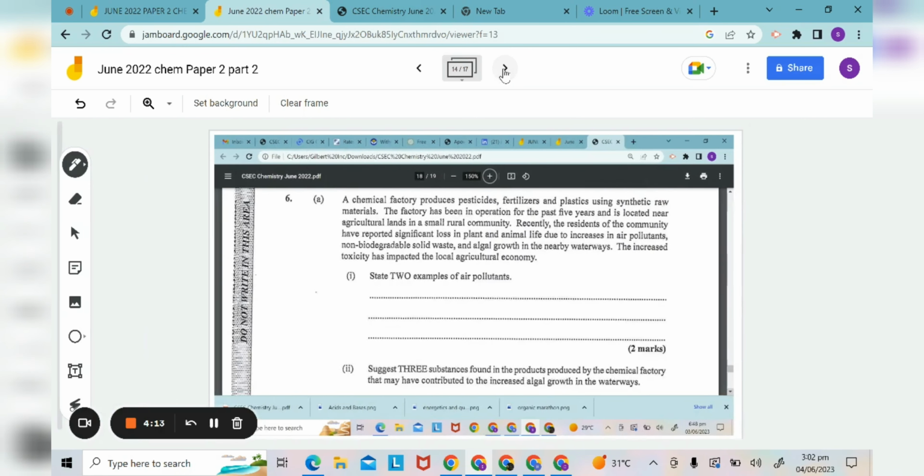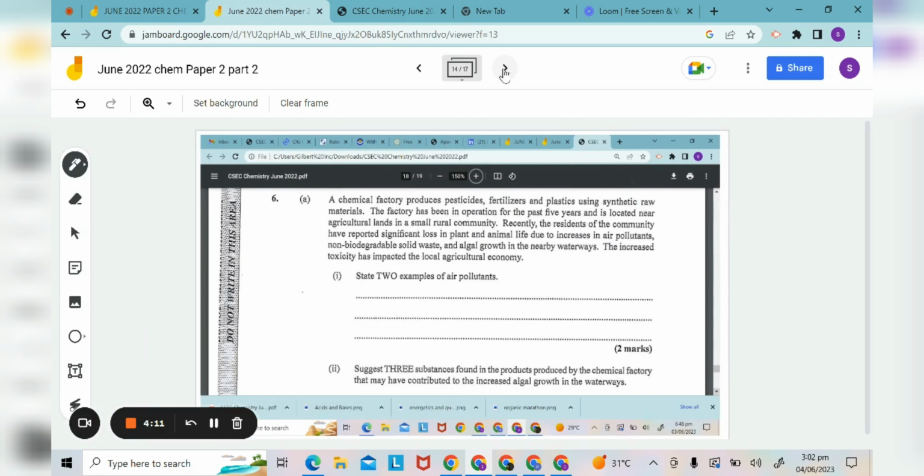We proceed. Okay, question 6, which is actually, I think, the last question. A chemical factory produces pesticides, fertilizers, and plastics using synthetic raw materials. The factory has been in operation for the past 5 years and is located near agricultural lands in a small rural community.